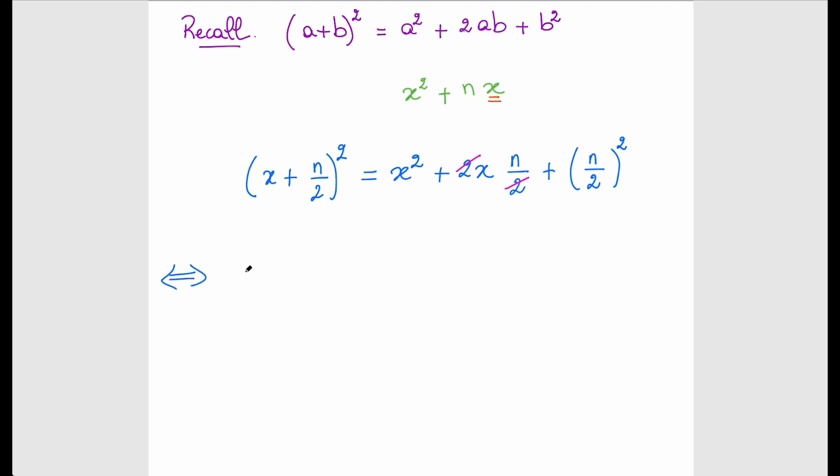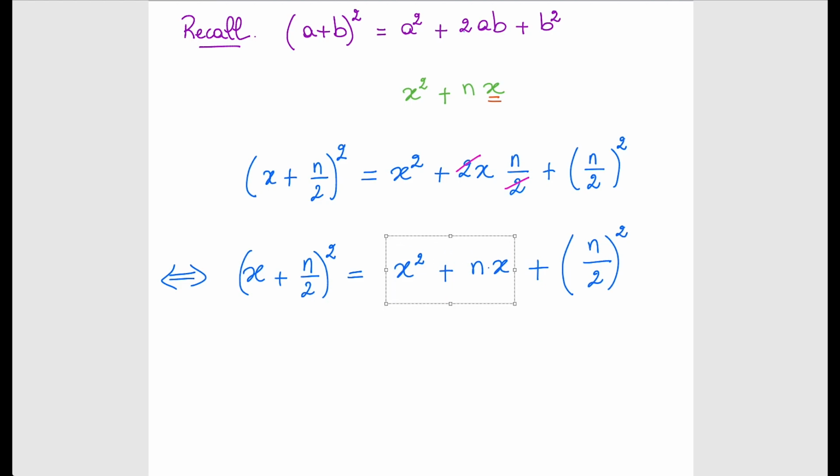This becomes x plus n over 2 squared is equal to x squared, plus nx, or xn, same thing, so nx, plus n over 2 squared, right? This guy, correct? And who's this guy? Isn't it the green piece we started with? That's the green piece, correct?